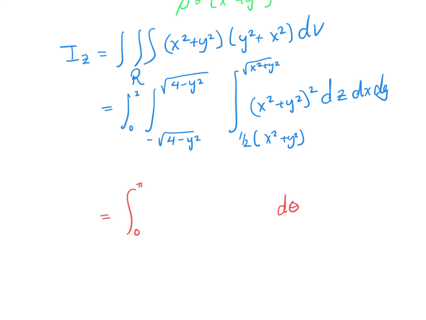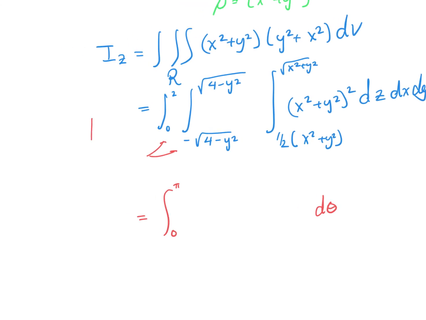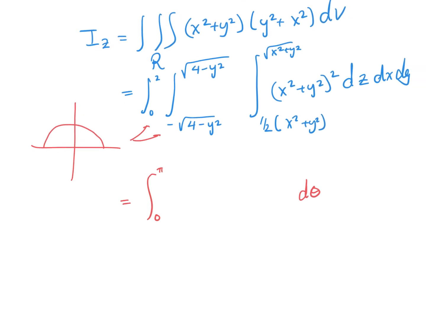So I'm not doing a full rotation. And my x's, they're doing a half a rotation. So these two limits tell me that I'm really looking at a half a circle, right? So that tells me my theta is from 0 to pi.